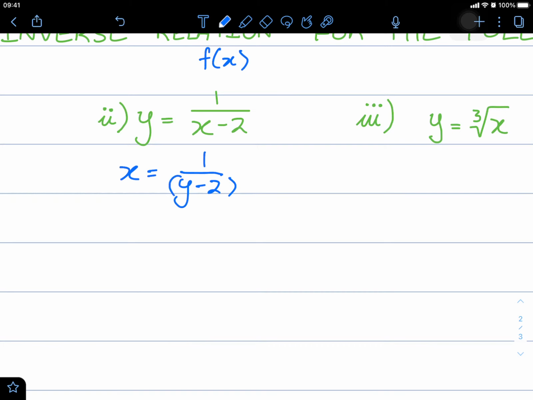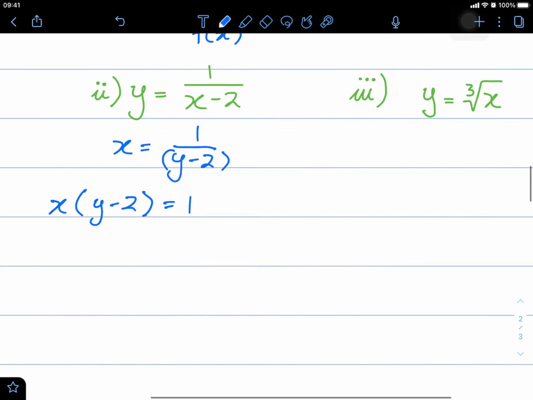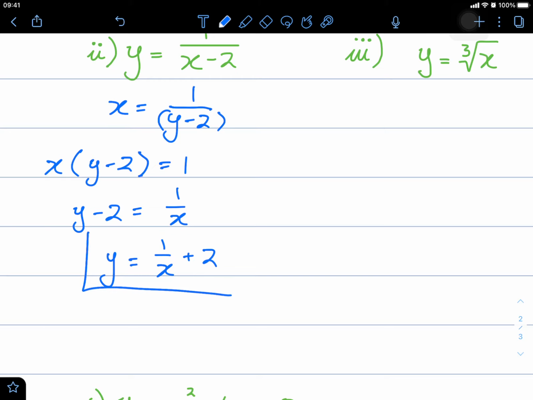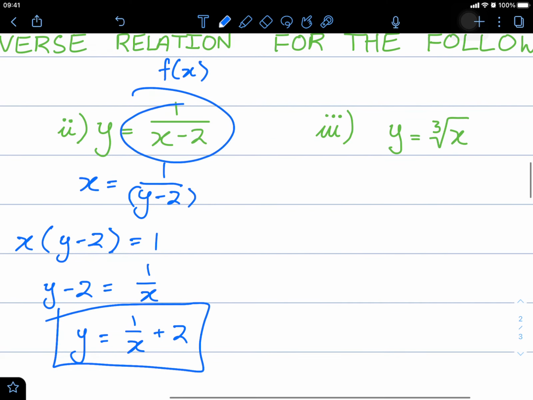I'm going to multiply by this group. I'm going to divide by x. Then I'm going to add 2. And that there is the inverse of this one.